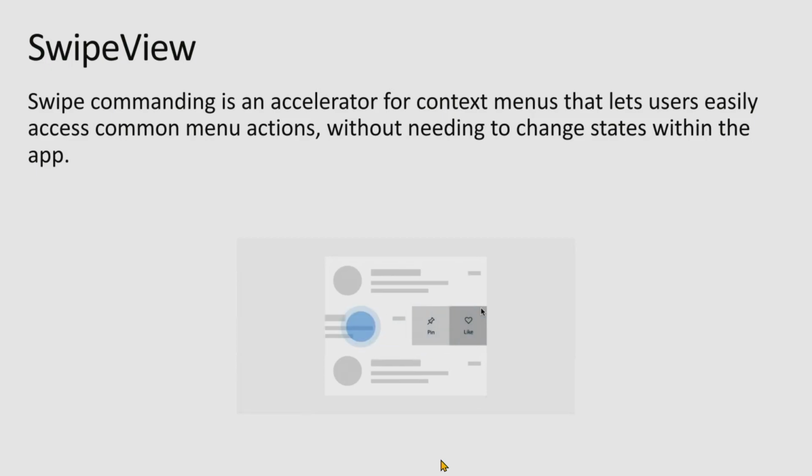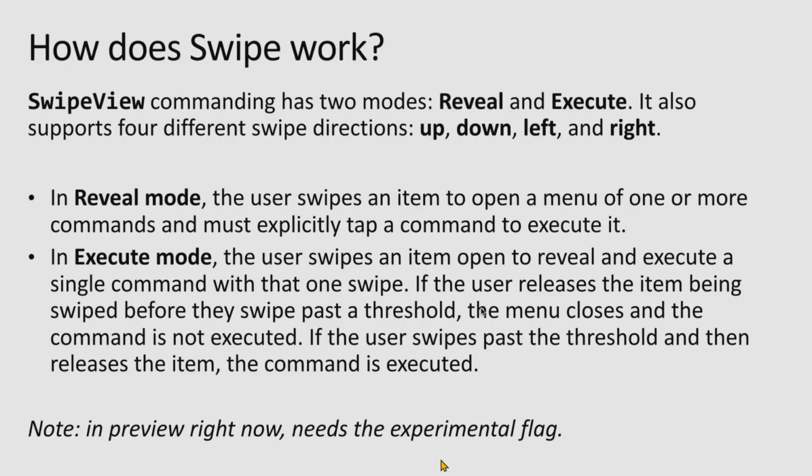Now we have an option to, in a list of items, for example, access and execute a specific action in one of the items. For that, we are allowing a swipe commanding without needing to change the state of the app. To do that, we introduce the SwipeView.